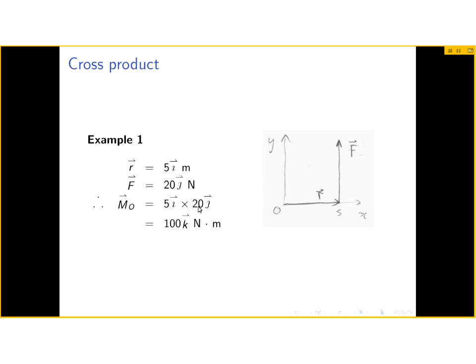And the direction can be determined by the direction of the cross product between the unit vector I and J. If I take the cross product of the unit vector I and the unit vector J, I'll get a resulting cross product which is also a unit vector, and that unit vector will be in the direction K. And we will look at this in a little bit more detail on the next slide.